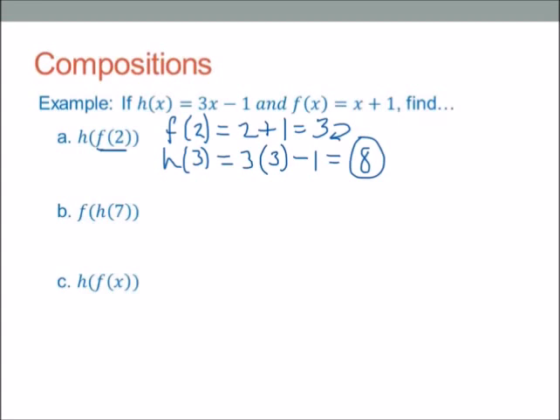Alright, the next composition, f of h of 7. I'm going to start with the innermost function, which is h, so h of 7. Take the x out, put 7 in its spot, so 3 times 7 minus 1, that's 21 minus 1, that's 20.